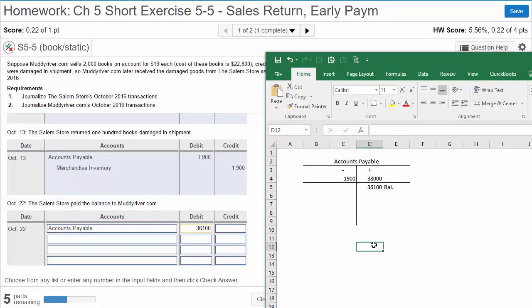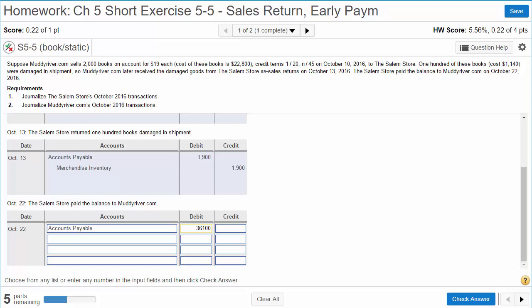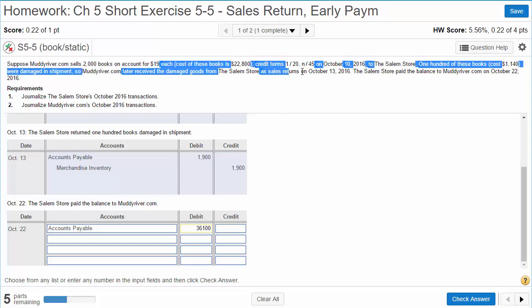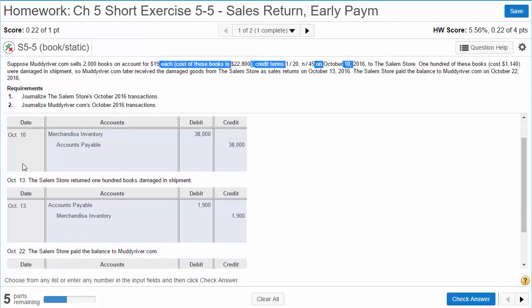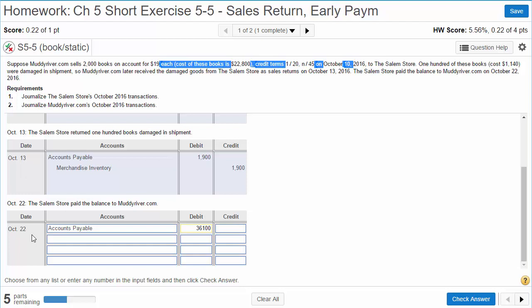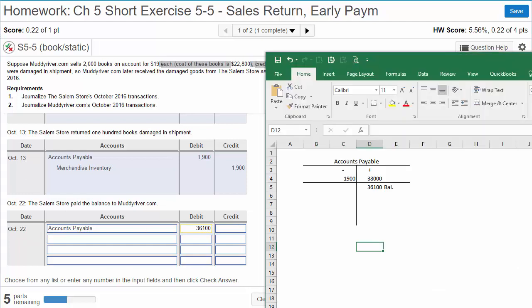Now we need to calculate the discount amount. So if I wanted to use Excel for that, first of all, we had to figure out, well, what was our discount? The credit terms, according to this up here, are 1/20. So if the company pays within 20 days of the original invoice, so here is the original invoice on October 10th. So if we pay within 20 days of that, so by October 30th, we'll get the 1% discount. So we now have the 1% discount because we paid on October 22nd. So let's calculate that.